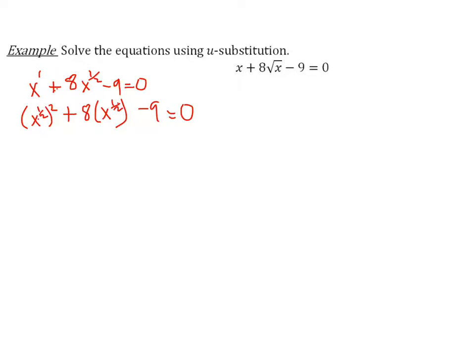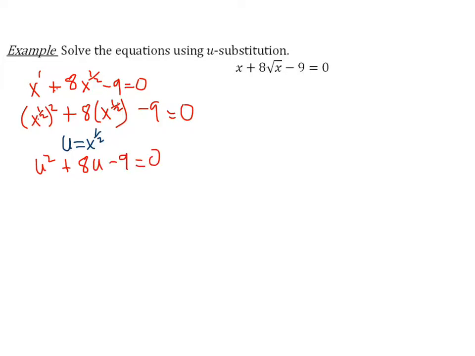We'll say that u is x to the 1/2. Okay. And now everywhere that there's x to the 1/2, we're going to put u. So we have u squared plus 8 times u minus 9 equals 0.